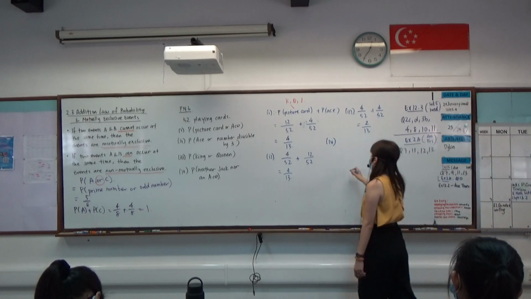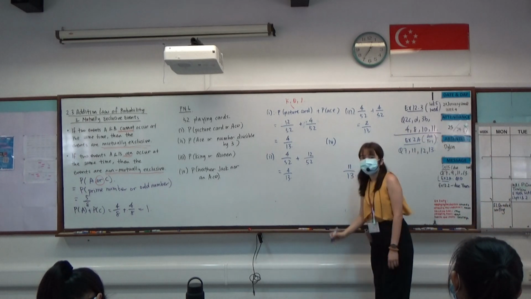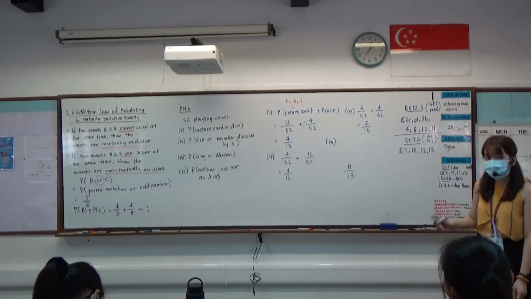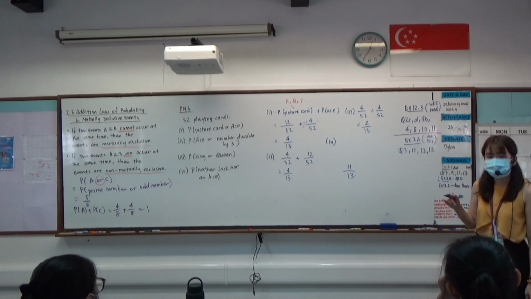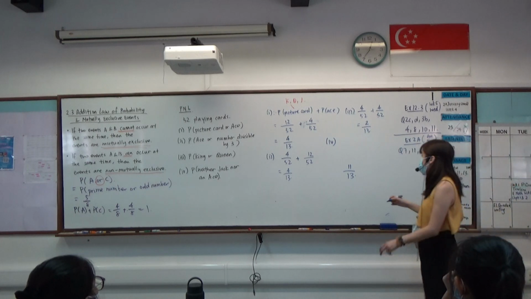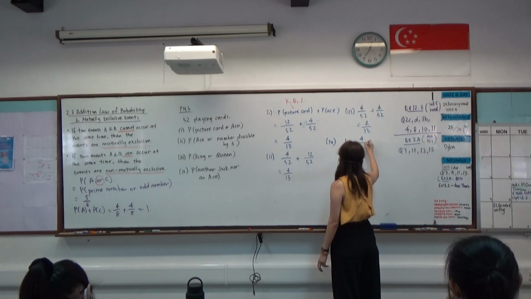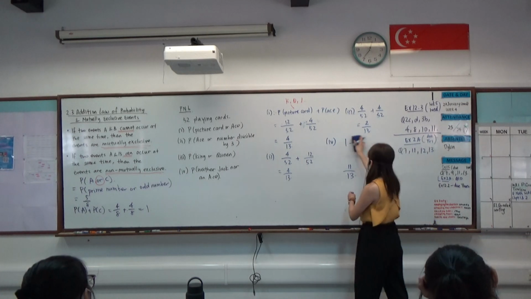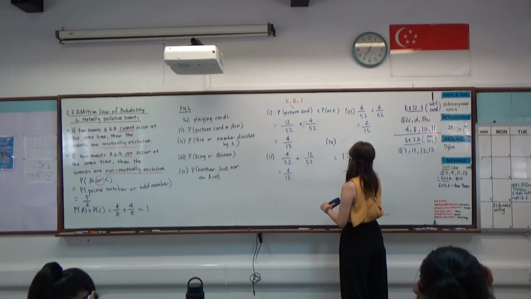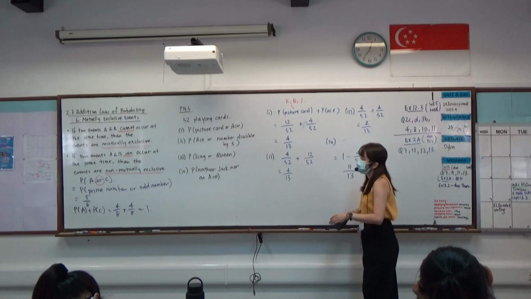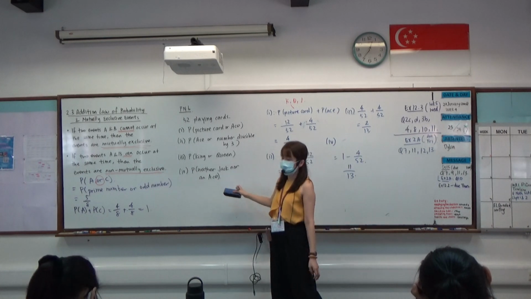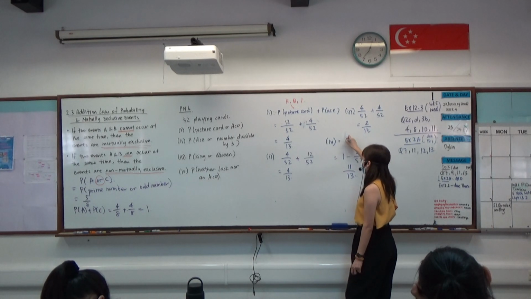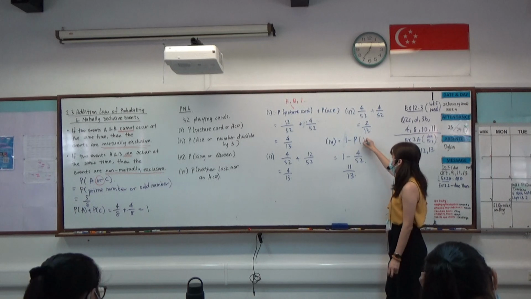How do you get 11 over 13? 1 minus 4 over 52. Okay, Jin Yang said 1 minus 4 over 52. Sorry, let me just write it lower. When we talk about neither jack nor ace, it is actually as good as saying 1 minus the probability of getting a jack or ace.